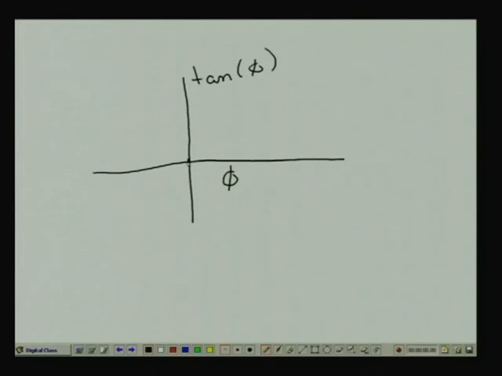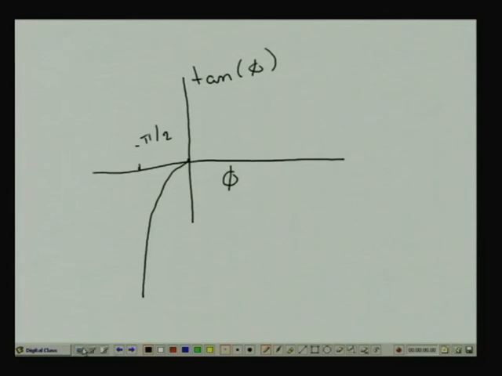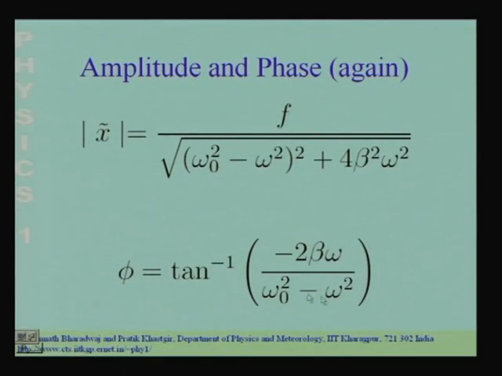So, phi starts from 0 and it becomes more and more negative, and then when it reaches minus pi by 2 it blows up. So, when omega is equal to omega naught, the phase has a value minus pi by 2.